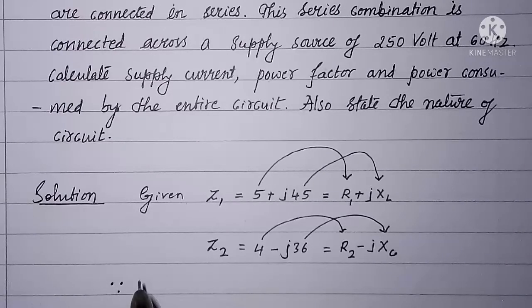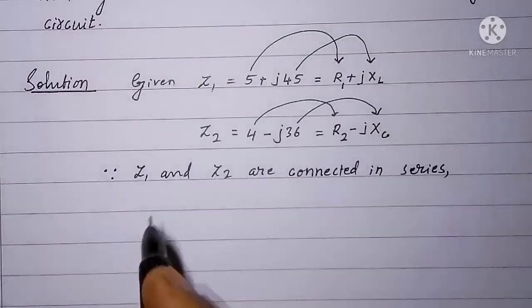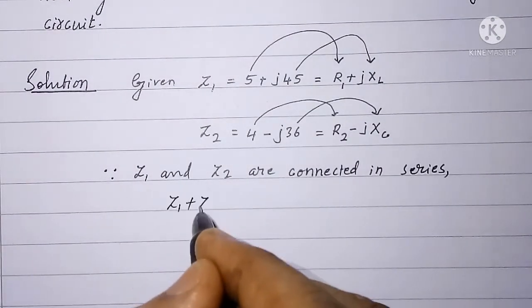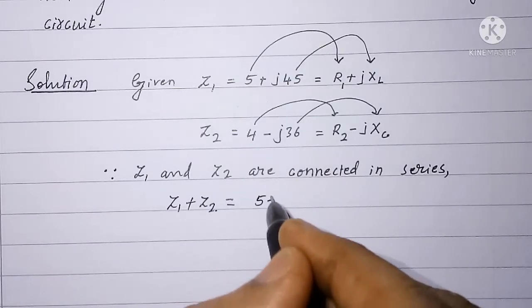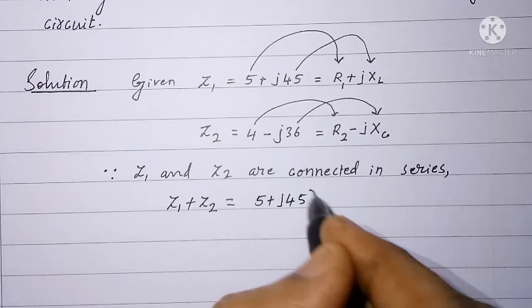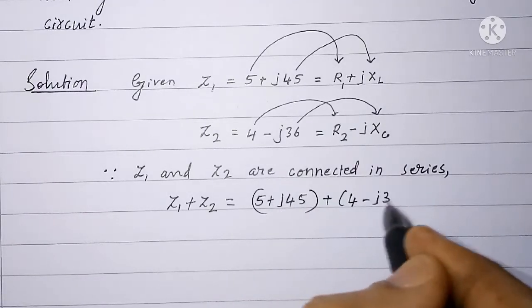Since Z1 and Z2 are connected in series, Z1 plus Z2 is equal to 5 plus J45 plus 4 minus J36.